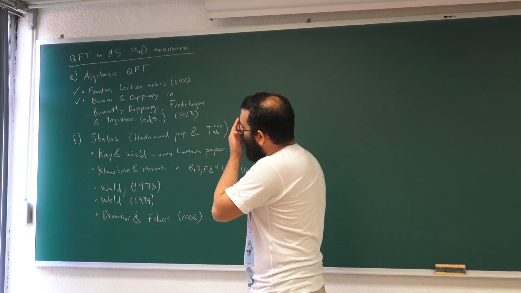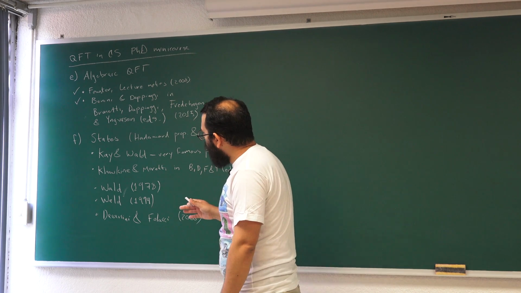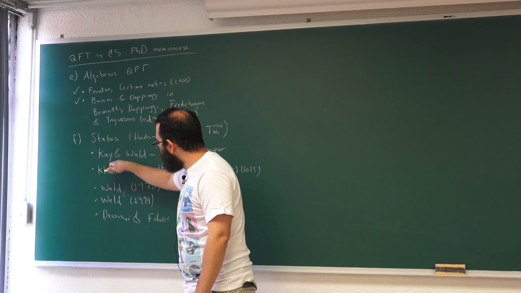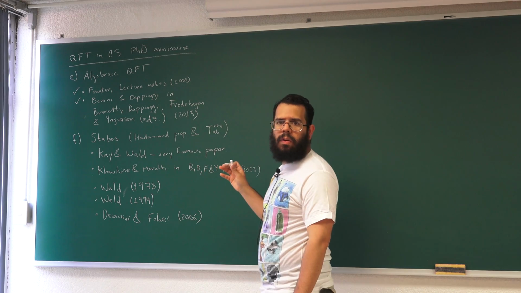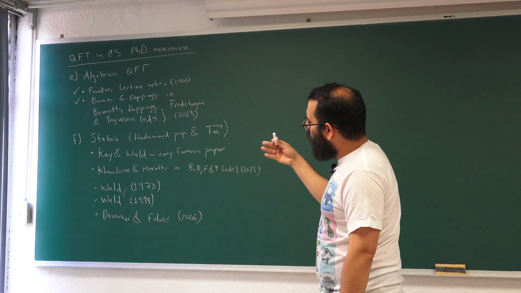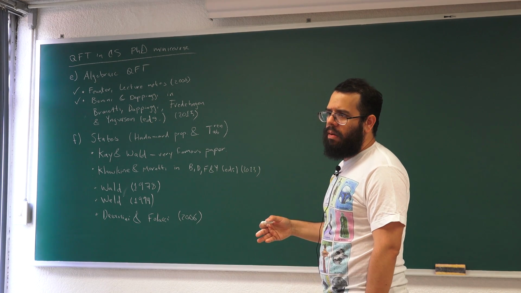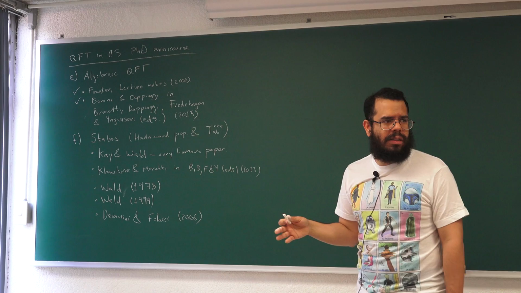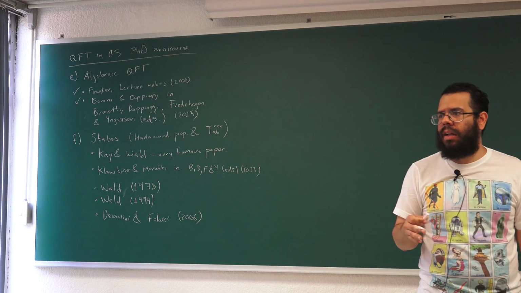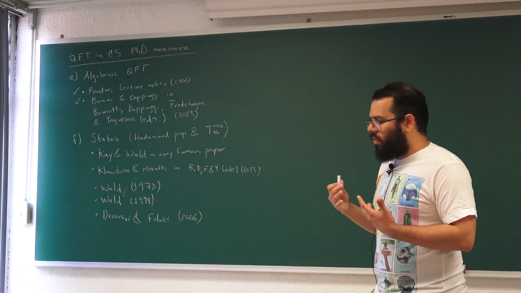And then for states, I really recommend you to read some pieces of Kay and Wald. Kay and Wald is a very famous long paper, which introduces the rigorous definition of the Hadamard property for the first time in the way that we're going to see it, because there's a modern formulation in terms of microlocal analysis that we will not cover, because it's using modern mathematics.